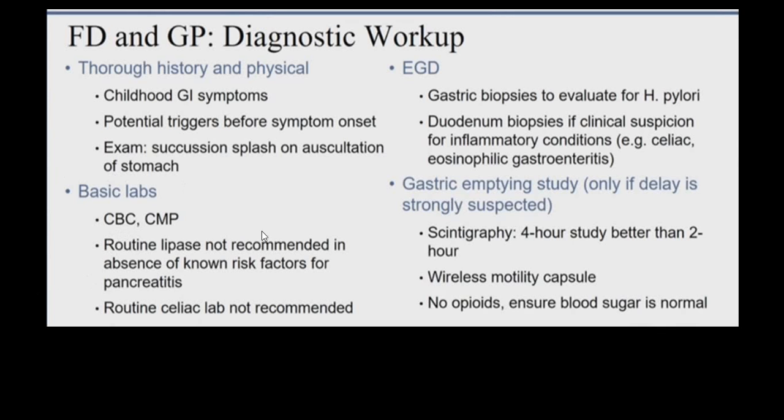Then we also try to rule out pancreatic causes with investigations like amylase and lipase. Endoscopy is very helpful to rule out acid peptic disorders, confirm the diagnosis of H. pylori infection, and rule out malignancy, inflammatory conditions, celiac disease, eosinophilic gastroenteritis, etc. And then a gastric emptying study to rule out gastroparesis.